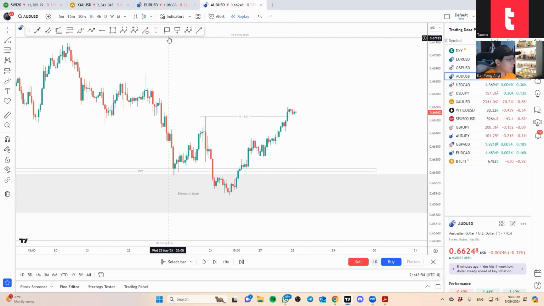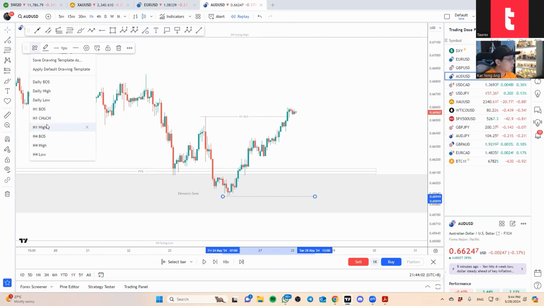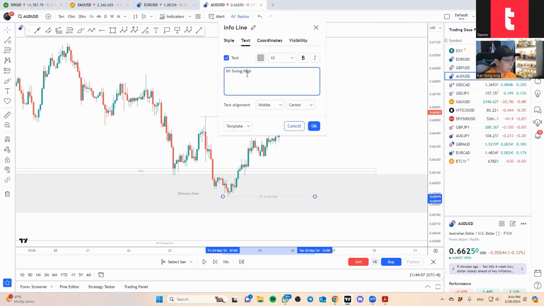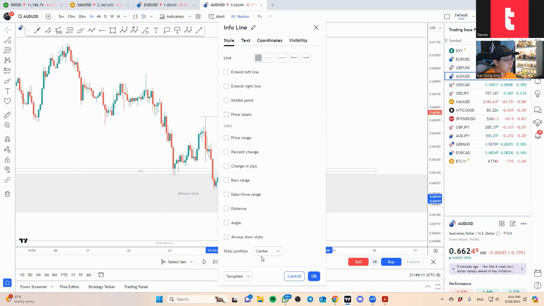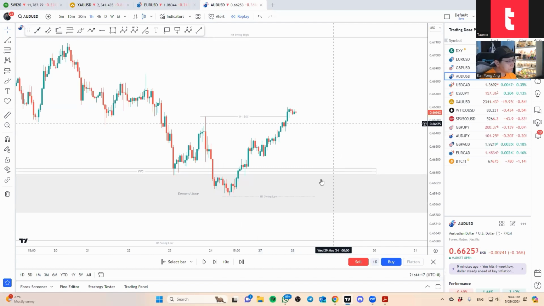If there's an H1 breakout structure, then obviously, where is the lowest point that causes the breakout structure? It will be here. So that would be your H1 low. And follow the top process. So you have the H1 low, you have your breakout structure.